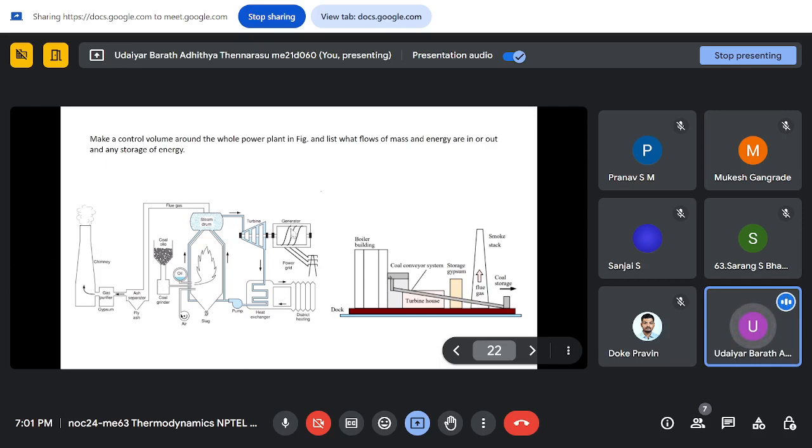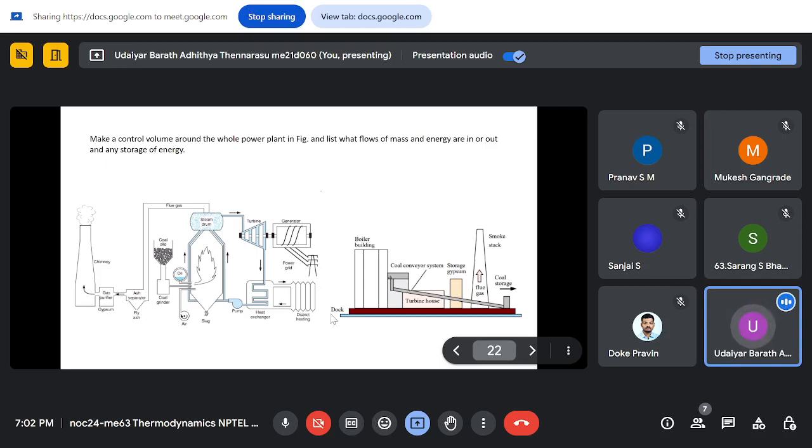And second, the power plant generates some electricity. So there is electricity coming out. You can consider that as energy or work, which is supplied through the power grid. So there is another transfer of energy happening. And then you have district heating, which can happen.